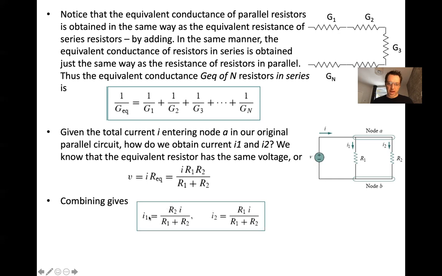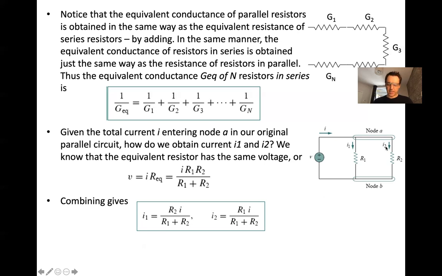We also know that I1 is equal to the battery voltage divided by R1. And so the battery voltage is equal to this expression here. And now if we divide that by R1, you cancel out this term here, and you're left with R2 over R1 plus R2 times I, which is the equation here.